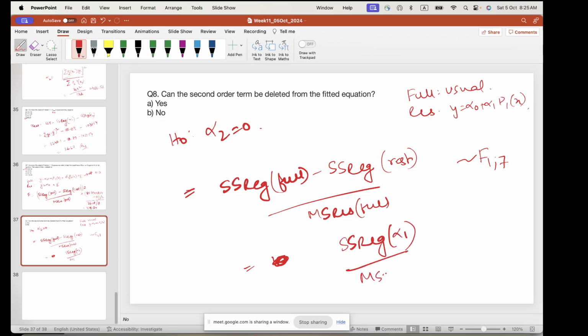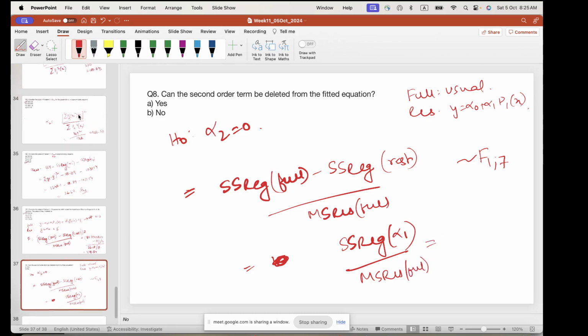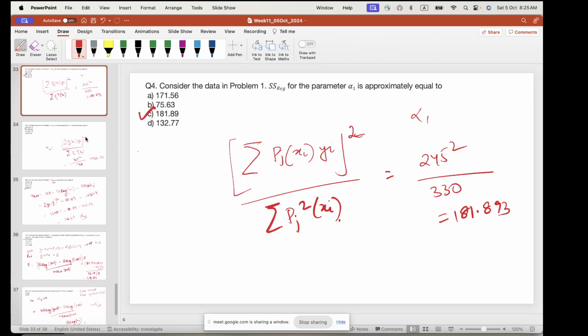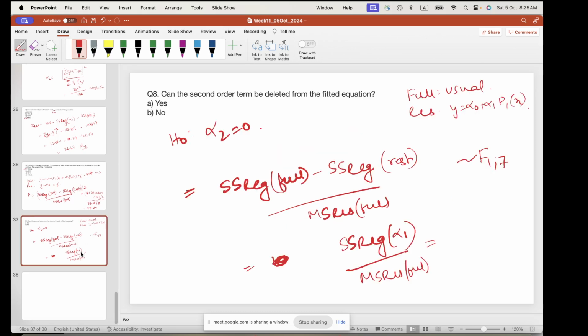Okay, so SS regression full minus SS regression restricted is SS regression due to alpha 1 by MS residual full. So SS regression due to alpha 1 was how much? This was 181.893. So this is 181.893 by 26.67 by 7.